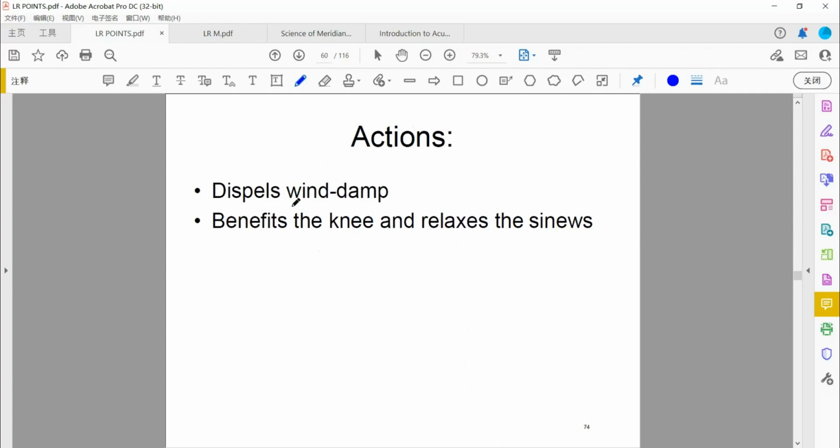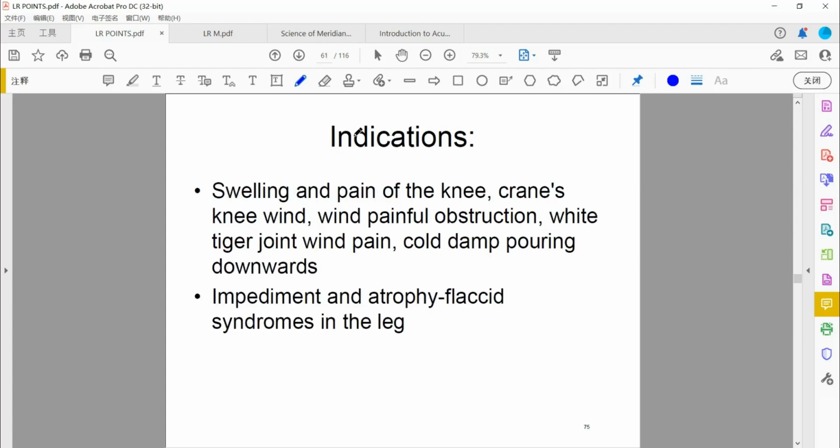It dispels dampness, or we just talk about this one, when cold dampness. Benefits the knee and relaxes the sinews. If there's wind damp or wind damp cold invading the knee and the sinews, there will be pain. So this one is good for knee pain.